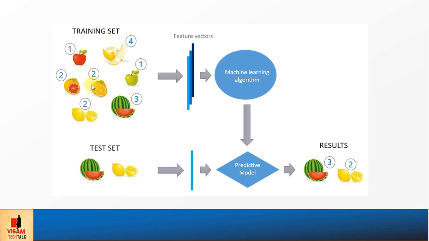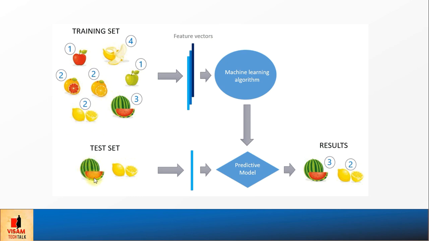So this is the master data which is fed into the system. Now the machine learning algorithm takes this as a model, and whenever you give any input like test data, suppose I give a watermelon or a lemon, it takes that input and checks it in this master data, the train data.